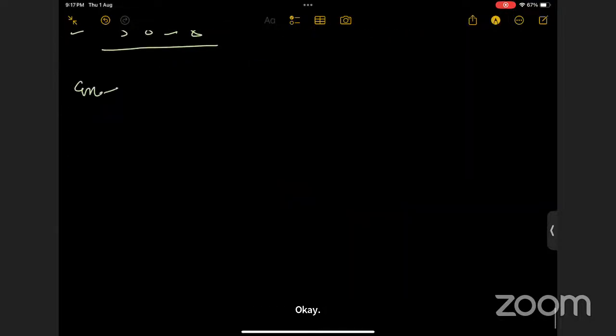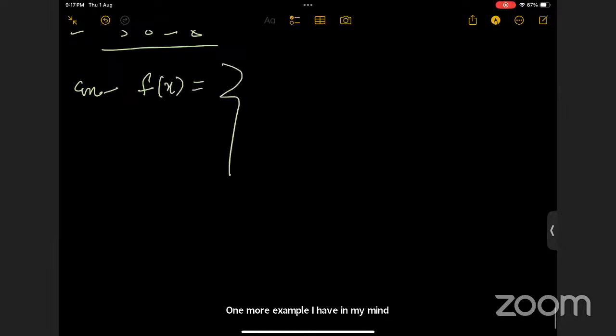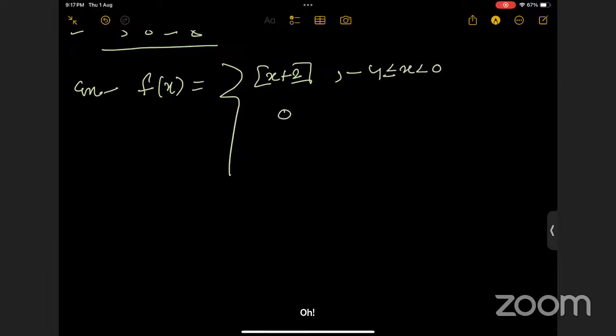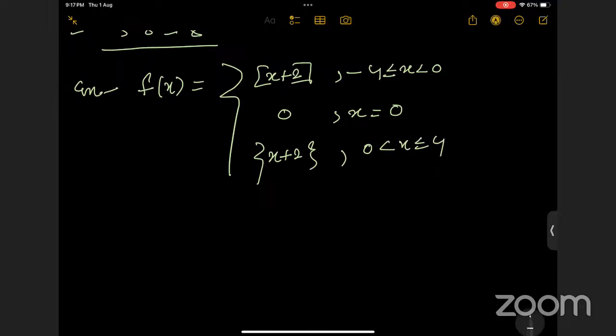So one more example I have in my mind. This is the given function. You know the fractional part?